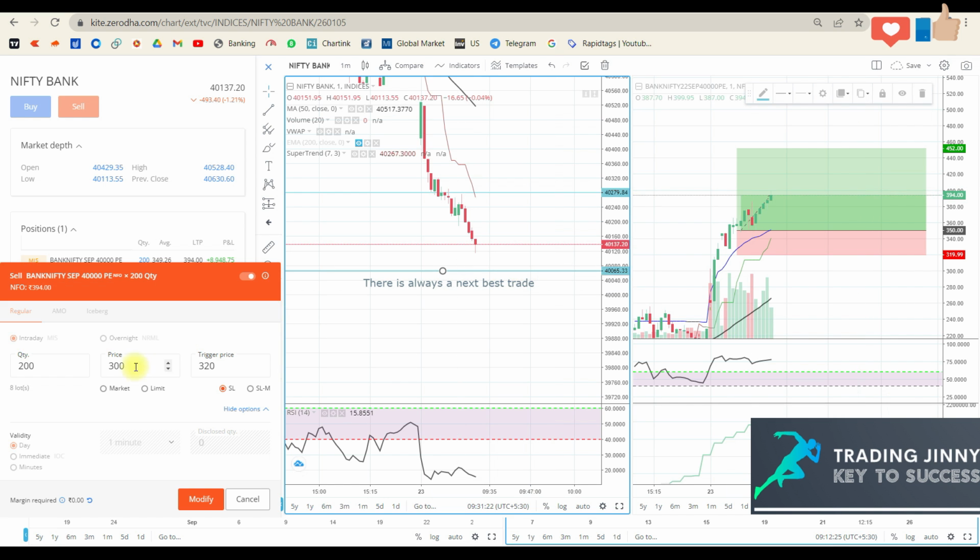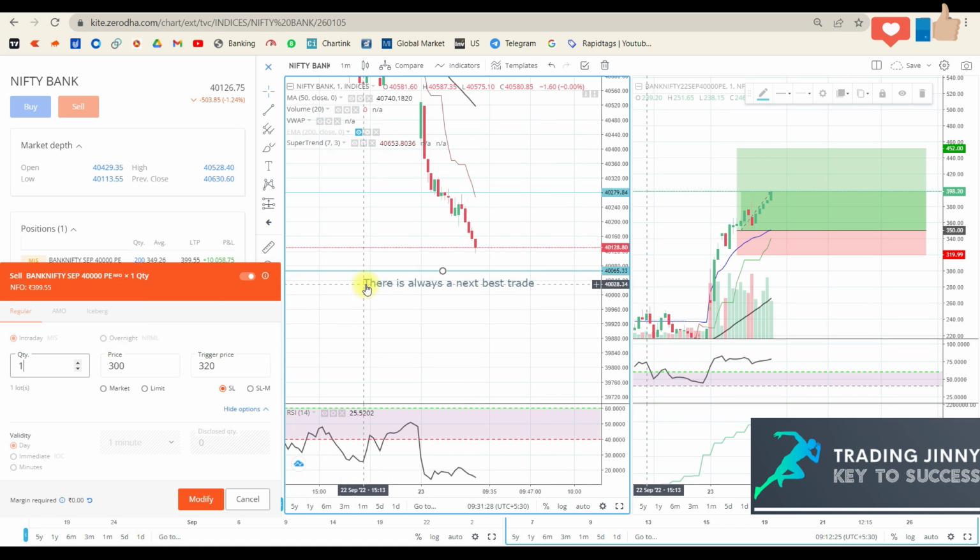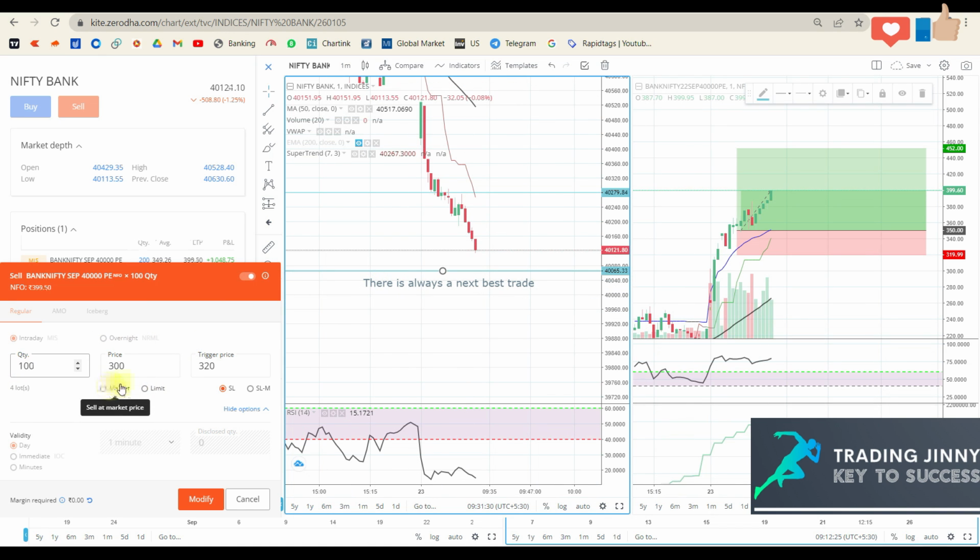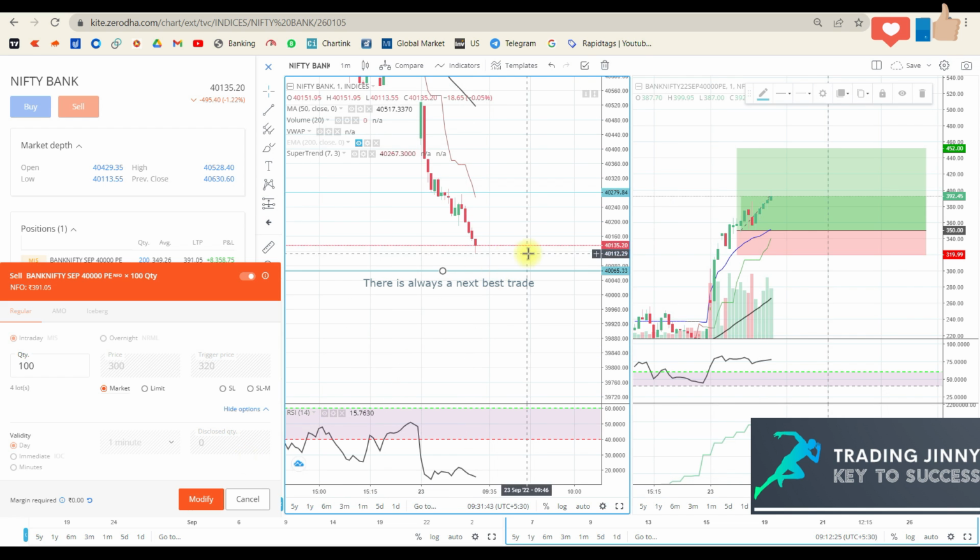Because it is near the support, I'll probably take my 100 rupees profit and book. I'll reduce 100 quantity, half of it, because it is reacting in an odd way. Let's maybe wait for a while.